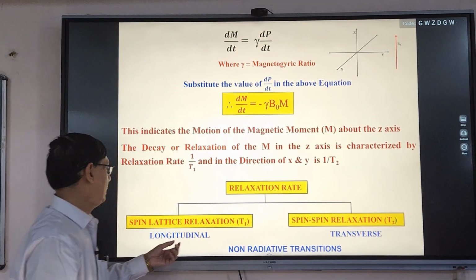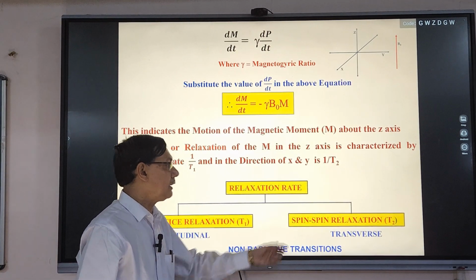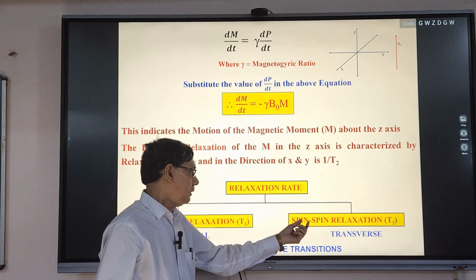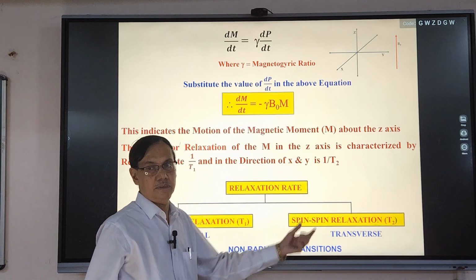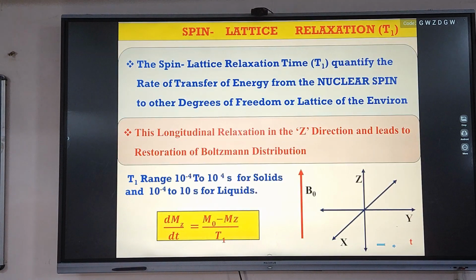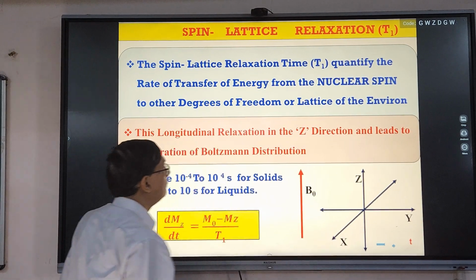So sometimes it is called the longitudinal relaxation, and the other the transverse relaxation, and for studying kinetics we have to depend on the spin relaxation, which is indicated as T2. Now it is one of the simple diagrammatic representations, the external magnetic field and this time.